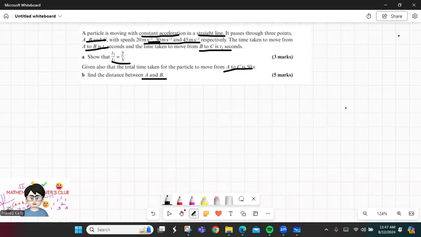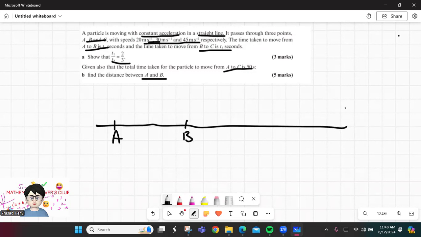Yes, sir. So suppose this is the straight path. On this path, there are 3 points A, B, and C. Now, when the particle is at A, the speed of the particle is 20 meter per second.